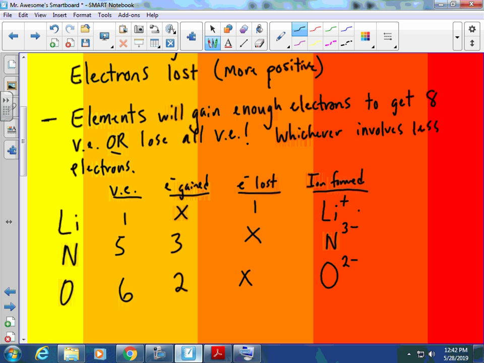Okay, so we're going to spend a little more time working on this, trying to predict the ion that will form over here in this column. We're trying to get to this because that's our success criteria, being able to predict this ion.